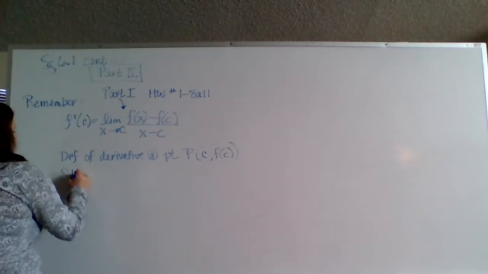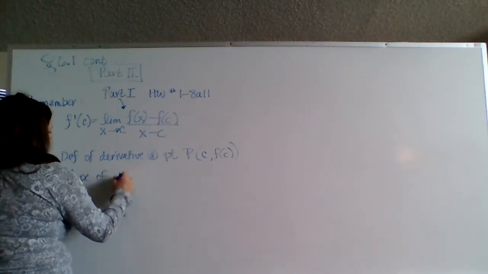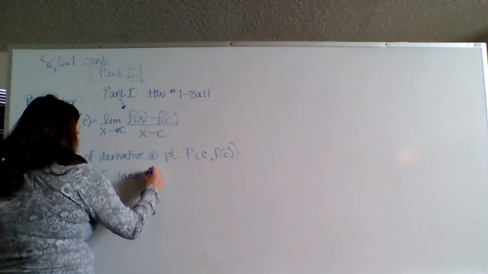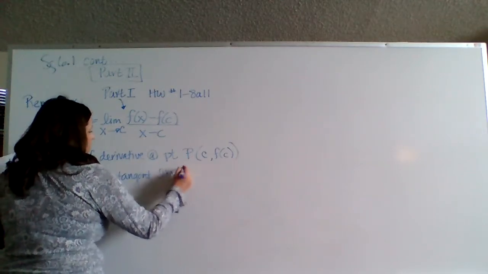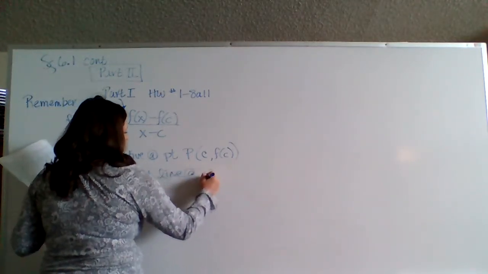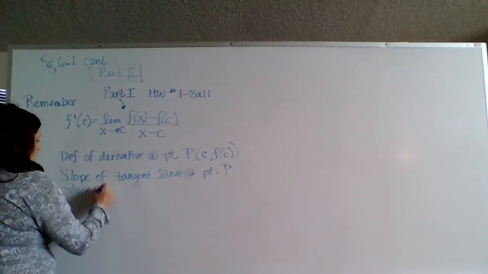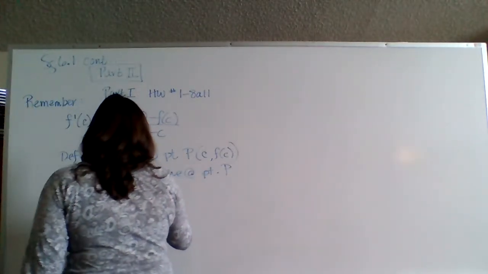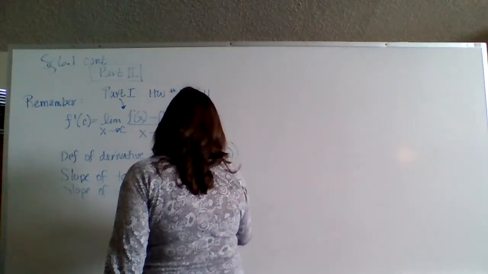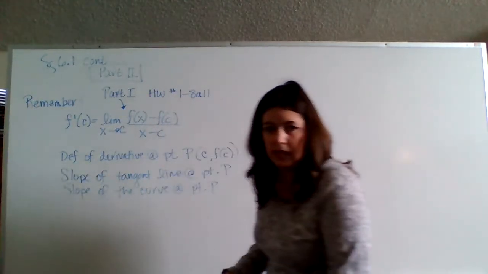It's also the same thing as the slope of the tangent line at point P. And it's the same thing as the slope of the curve at point P. They both share this same point of tangency.